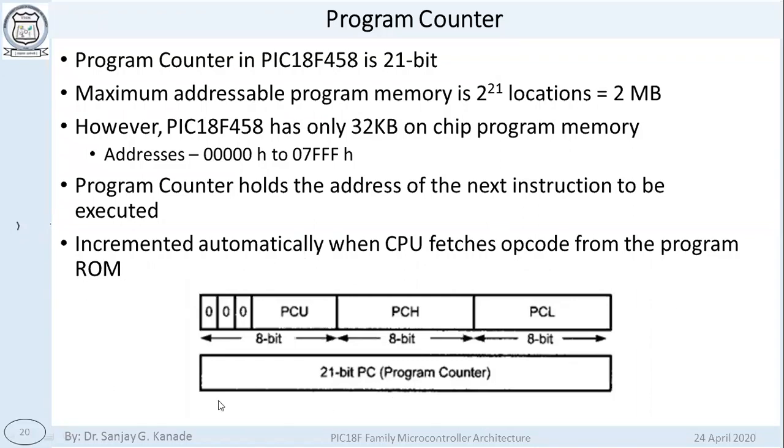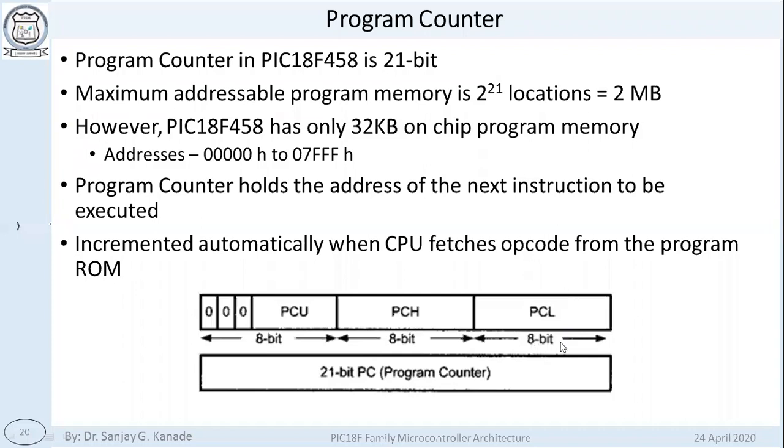This is the structure of the program counter. Now, since there are 21 bits, it is divided into 3 sections. PCL means program counter low, PCH means program counter high, and PCU is program counter upper. Remember, this U stands for upper. You will come across these notations multiple times.